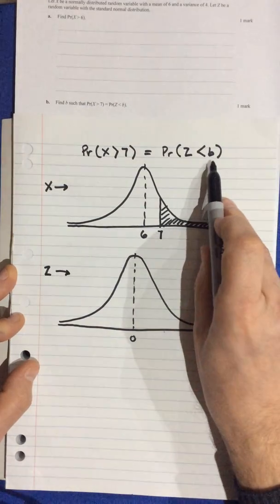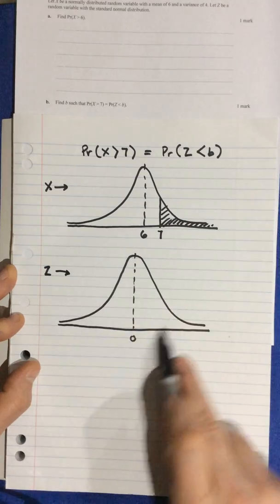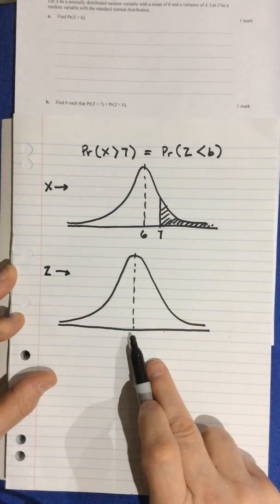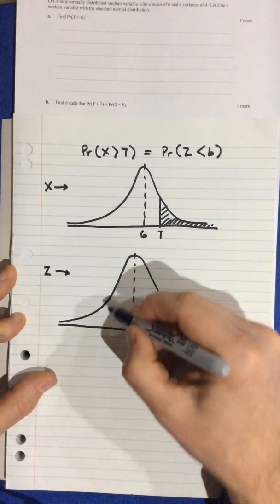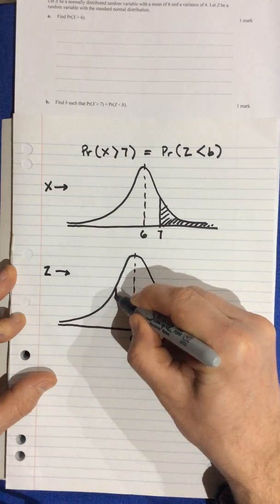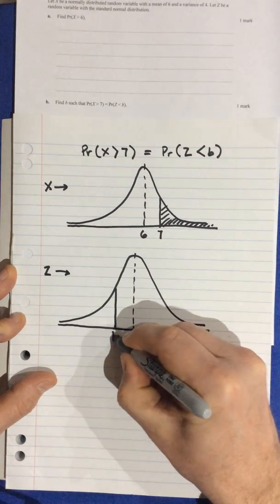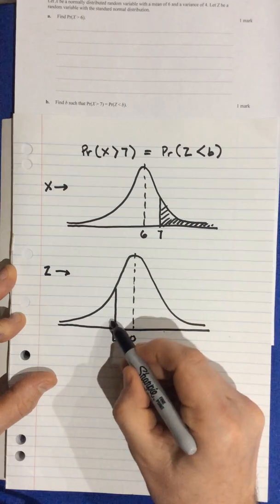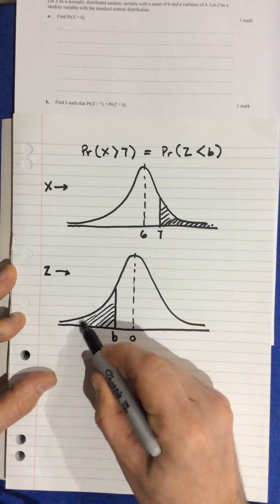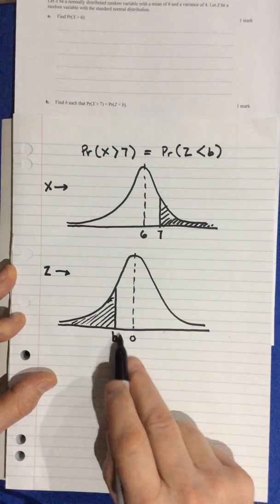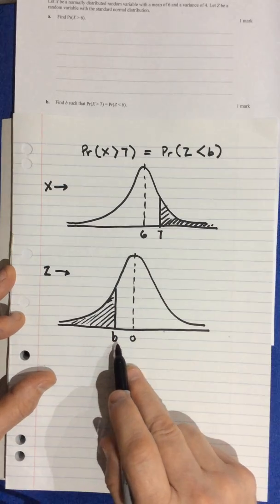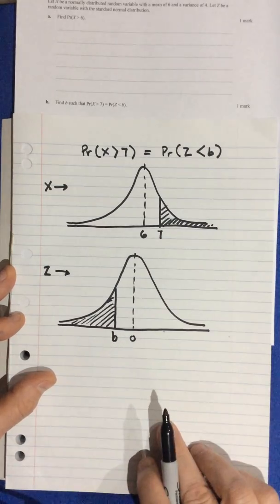Now, what value of B on this standard normal distribution, let's draw a line in here that corresponds to where B is, such that if we take all the values below that, what does that have to be?